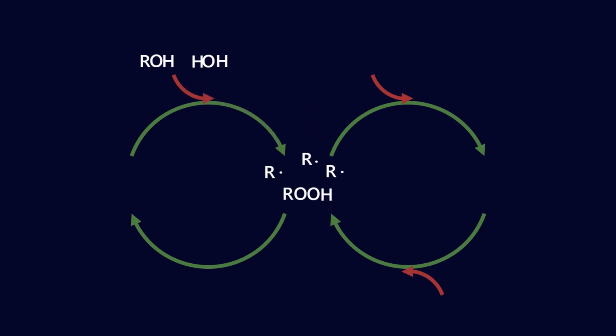Once both loops have been completed, we now have 3 radicals and a hydroperoxide with no further input aside from breaking that original alkyl group into a radical. And so this is what's called the auto-oxidation cycle.